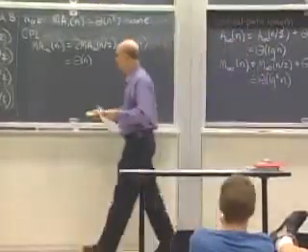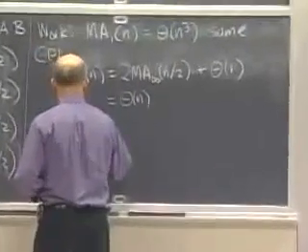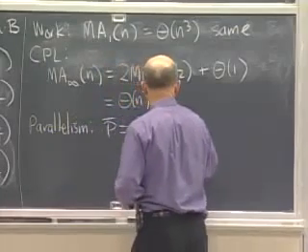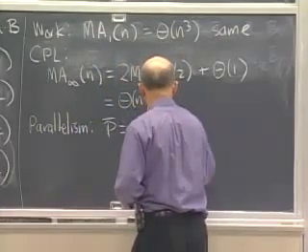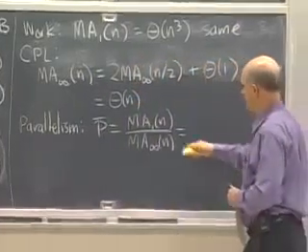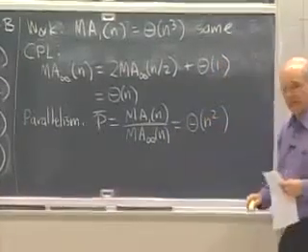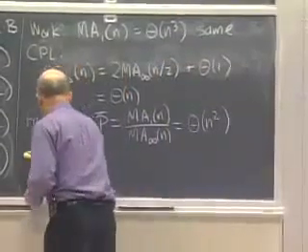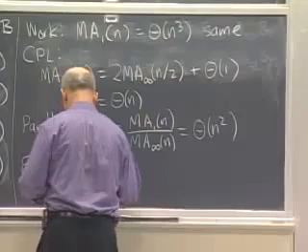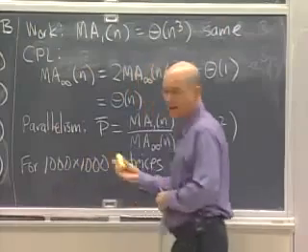So the parallelism, we have p bar is equal to M1 of n over M infinity of n, which in this case is n cubed over n, or order n squared. So for 1,000 by 1,000 matrices, for example, by the way, 1,000 by 1,000 is considered a small matrix these days, because that's only 1,000,000 entries.